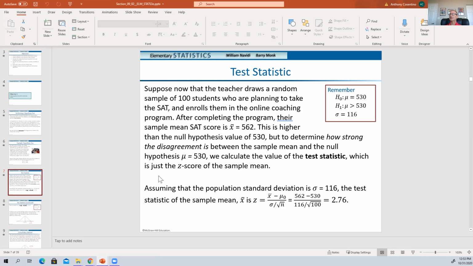And so the idea is that we need to figure out what's called a test statistic. And then we're going to set up a confidence style calculation to see if we should reject or do not reject the null hypothesis. So you remember when we set up the Z-scores.